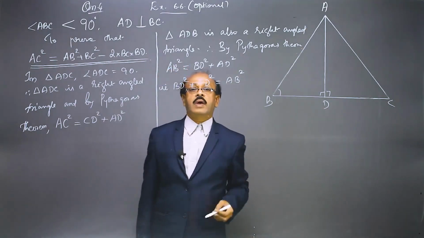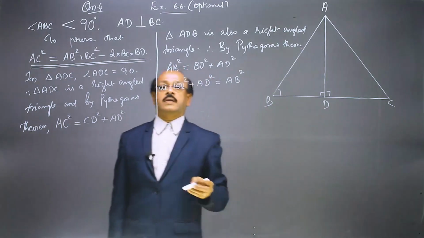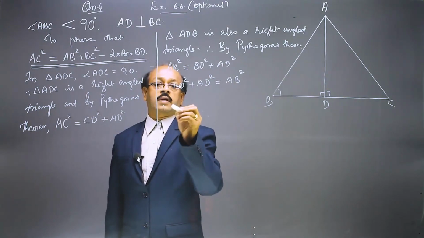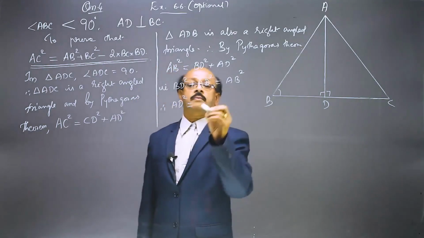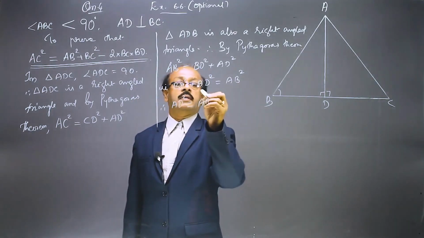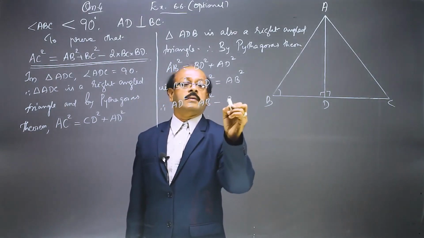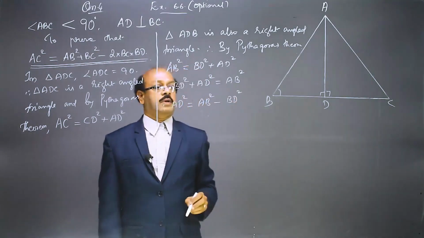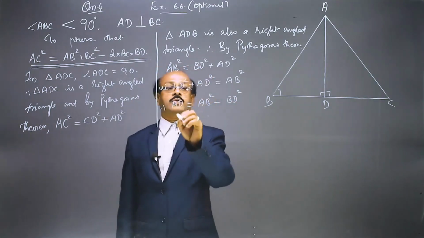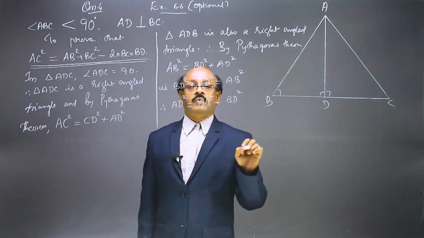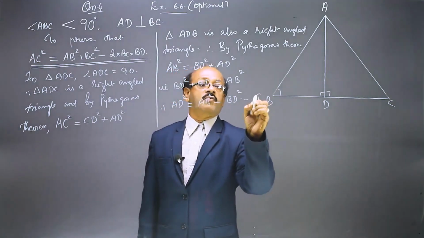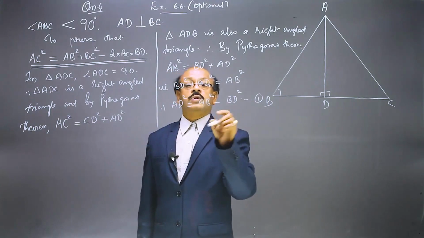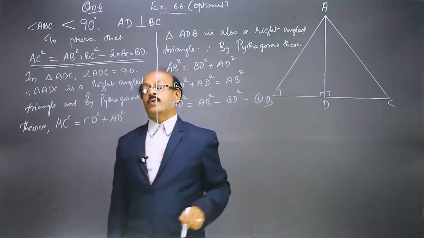Therefore, we can find the value of AD square from this equation. AD square is equal to AB square minus BD square. We are taking BD square to the right side of the equal sign. It will be minus BD square. We can name it as equation number 1 and substitute this value of AD square in this equation.